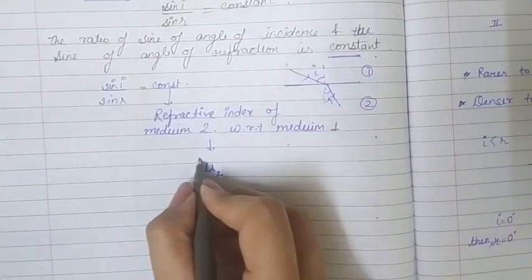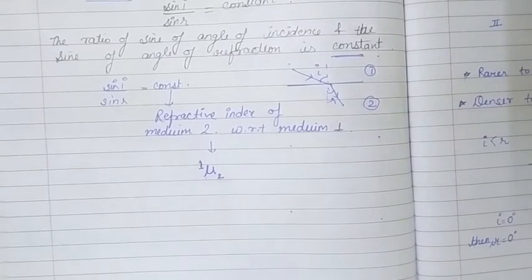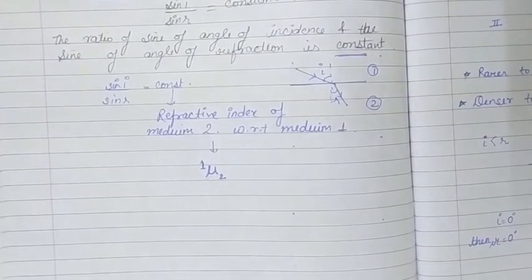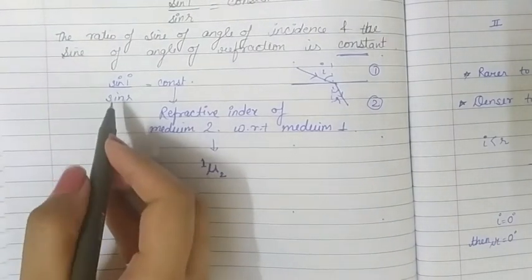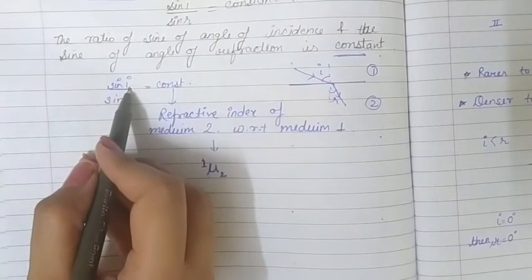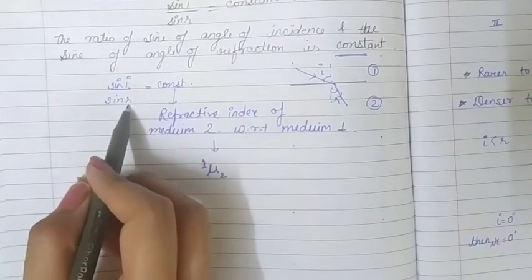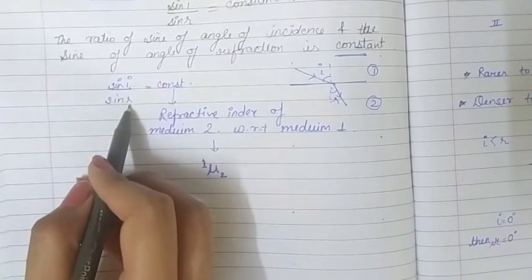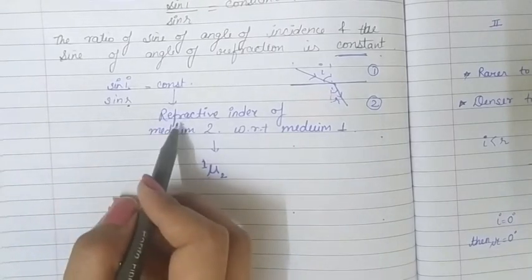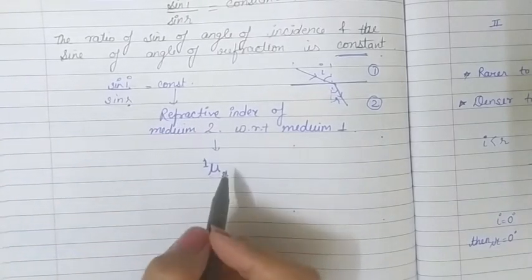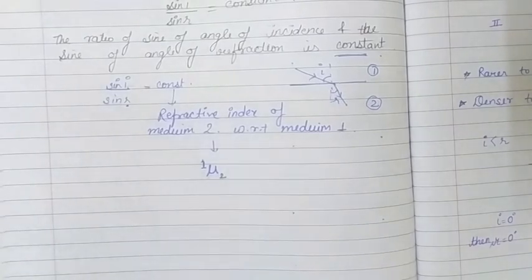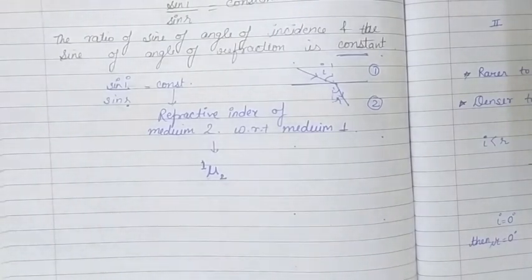It shows that it is with respect to medium 1. So this value sin i upon sin r, where i is the angle of incidence in medium 1, r is the angle of refraction in medium 2, is constant, which is equal to the refractive index of medium 2 with respect to medium 1, and is given as 1 mu 2, and this law is called Snell's law.